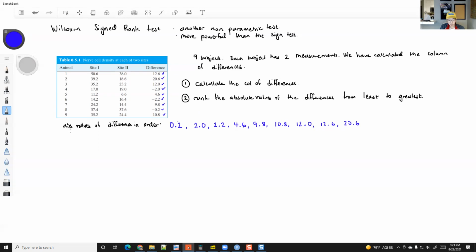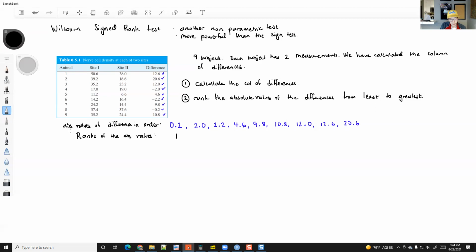All right, so let's see. 1, 2, 3, 4, 5, 6, 7, 8, 9. Okay, so I have nine values, and we're going to rank them. So I'll just do ranks of the absolute values.